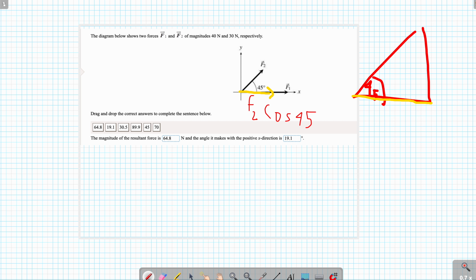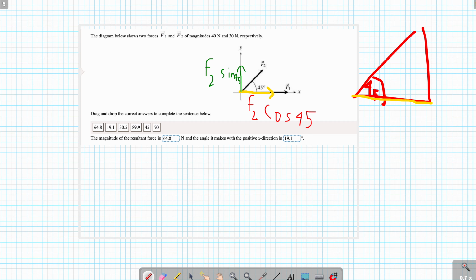And the second one, which would be this one, would be F2 sine 45.